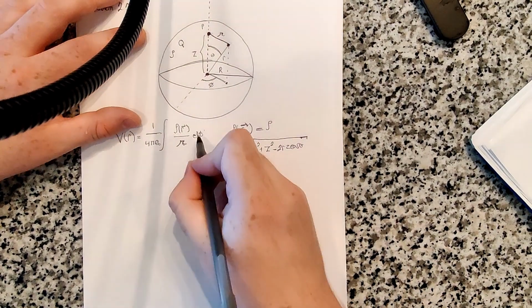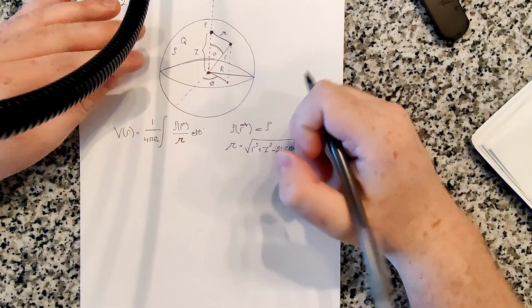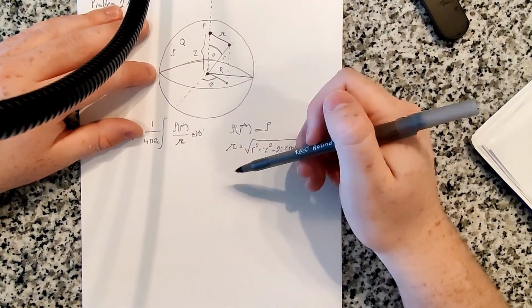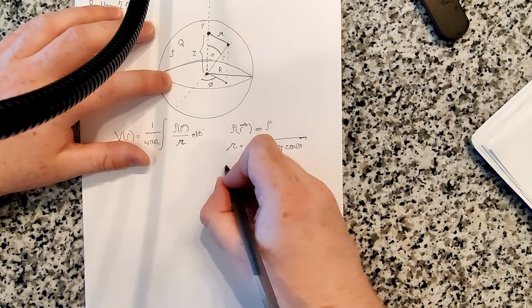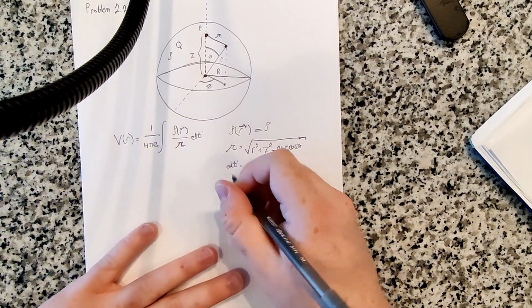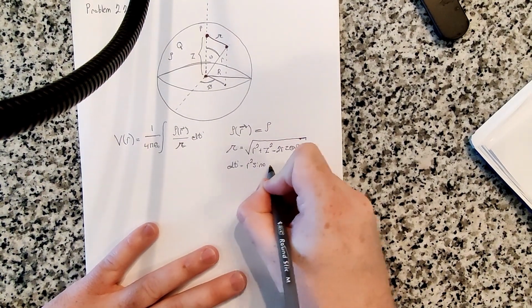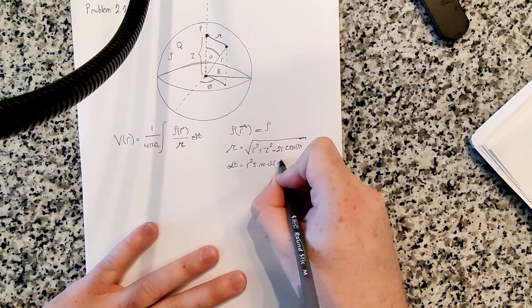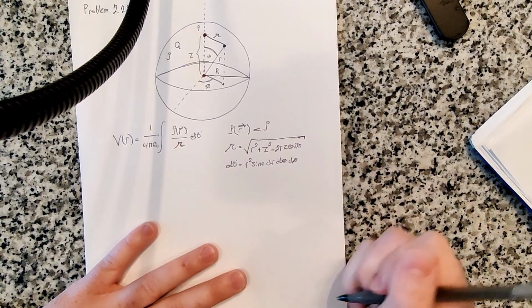What else? So the differential, we're going to be working in spherical coordinates here because that's the most obvious and convenient coordinate system. So our differential volume charge in spherical coordinates is r squared sine of theta dr d theta d phi.